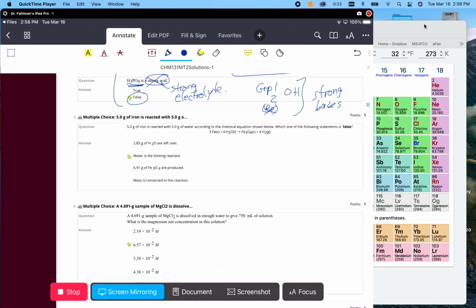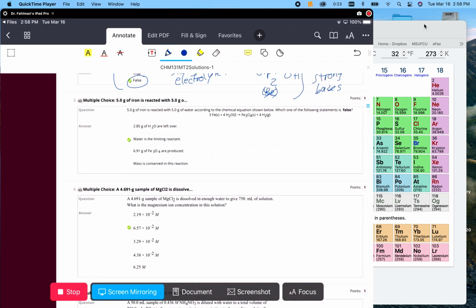Okay. All right, so our first calculation here is a limiting reagent question. And so 5 grams of iron reacts with 5 grams of water. Okay, and you want to make sure that it's balanced. And that looks like it is, just to verify. Yep, it is balanced.